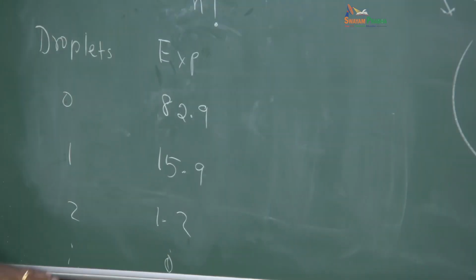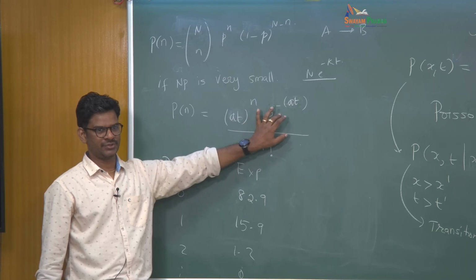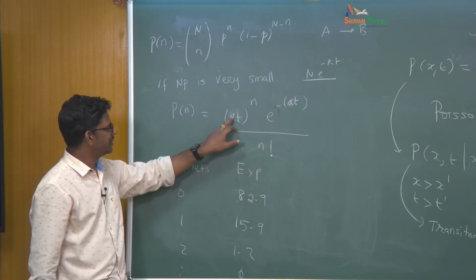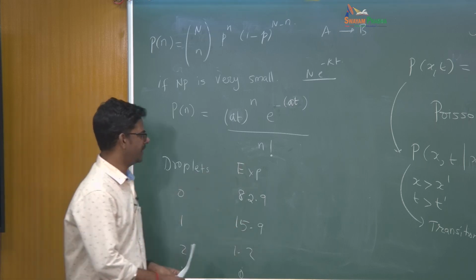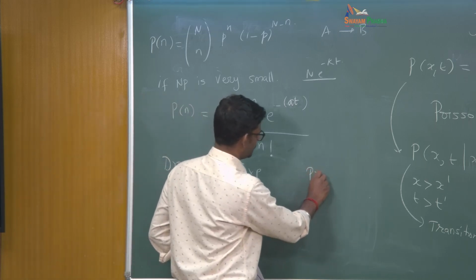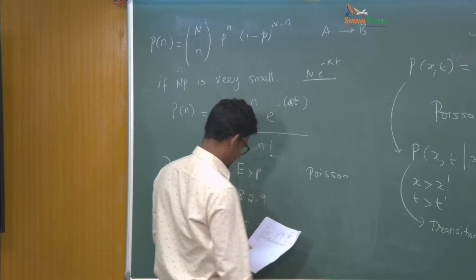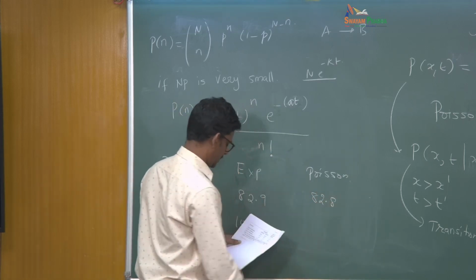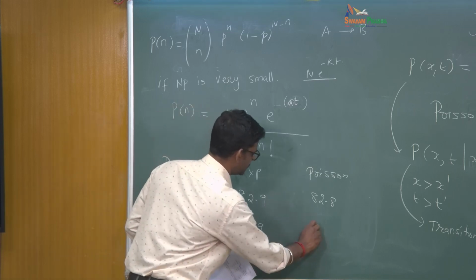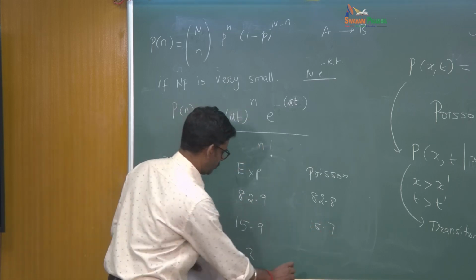Now this distribution, the probability of finding 0 molecule, 1 molecule, 2 molecules, etc., actually follows this Poisson distribution nicely. By choosing a proper value of A, they were able to compare this with a Poisson process, and they predicted something very close to 82.8, 15.7, 1.5 and so on.